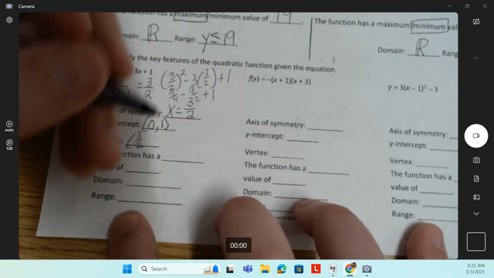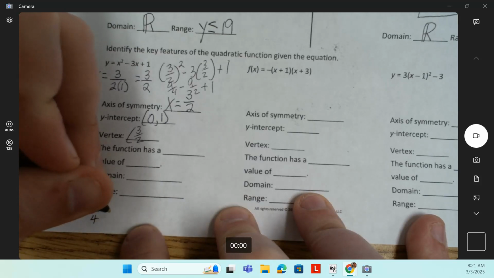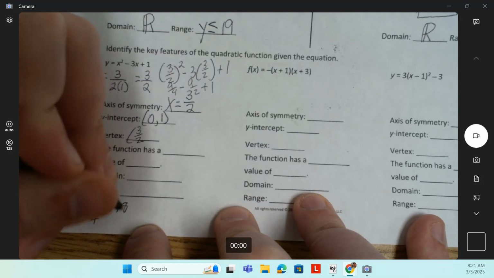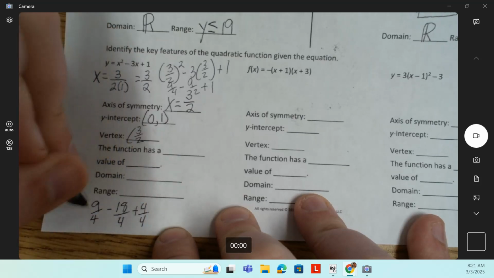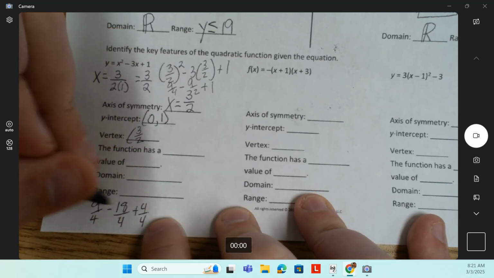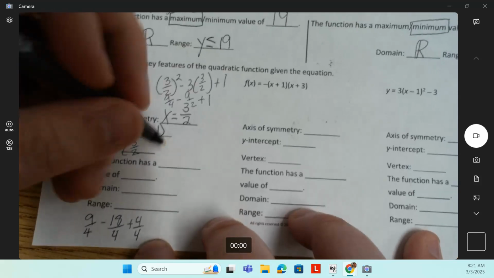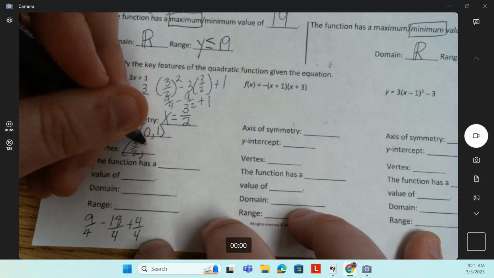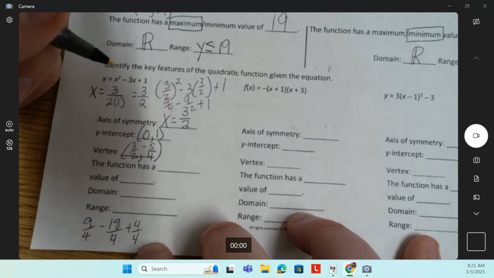So I've got 9 over 4 minus 18 over 4 plus 4 over 4 gives me +13, -18. And so it looks like a -5/4 for my vertex.